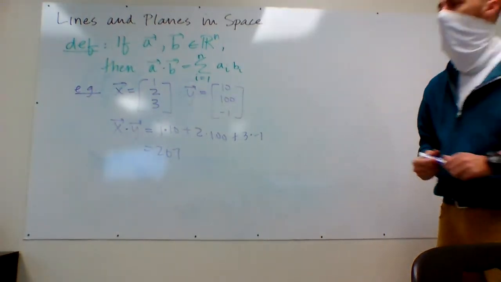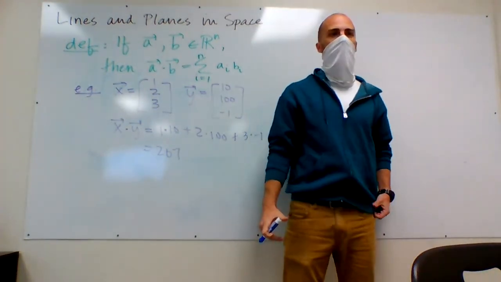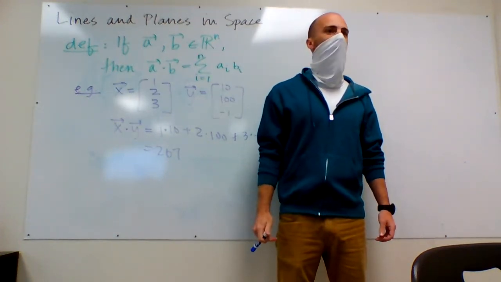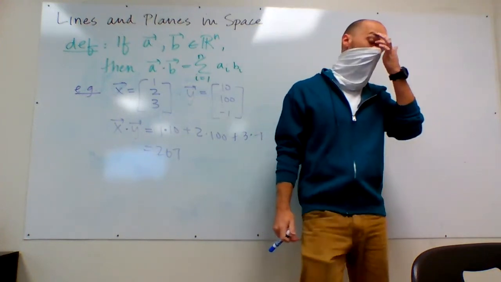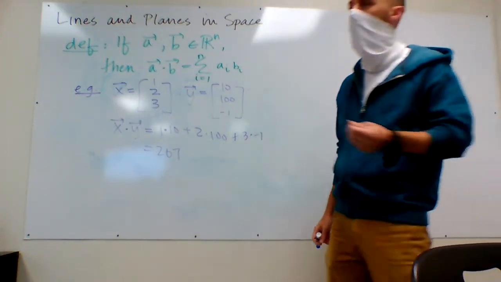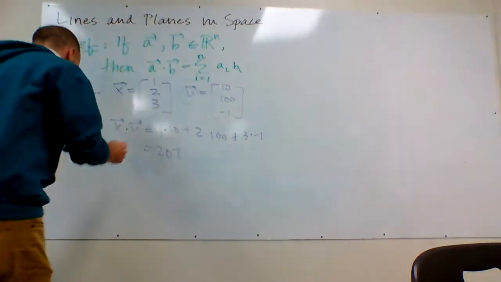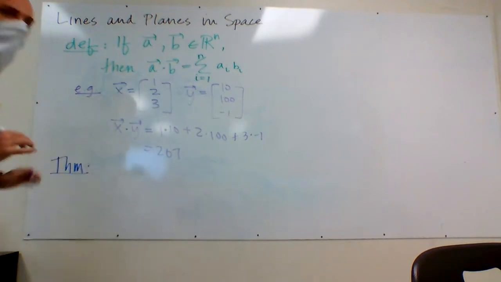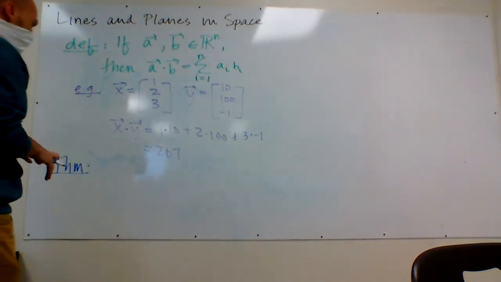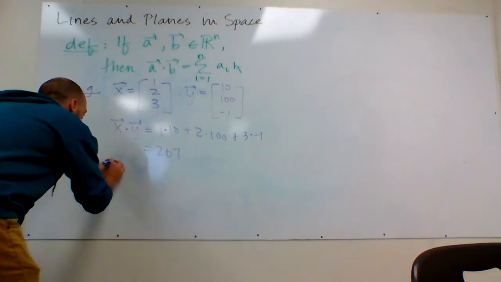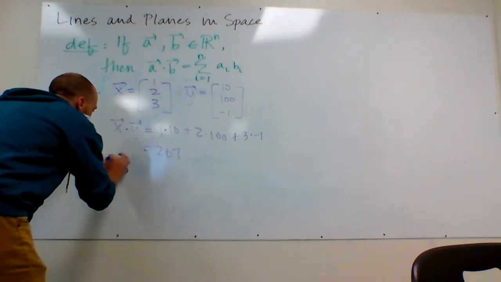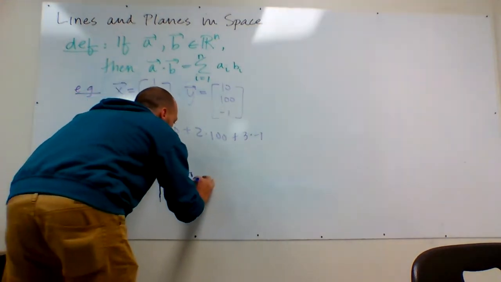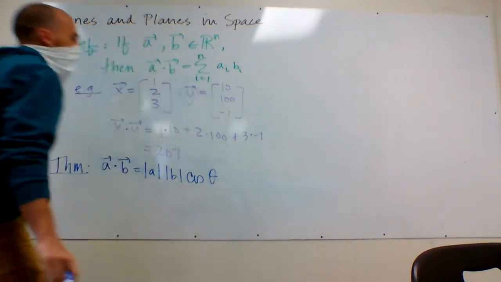Now, I'm not going to prove this one for you today in this video. If you were in my pre-calculus class, I did prove this for you a long time ago. It goes back to the law of cosines. And so the relevant theorem for the dot product, which you might remember from the first semester because I definitely used this in the linear algebra course, is that A dotted with B is equal to the length of A times the length of B times the cosine of the angle that sits in between them.